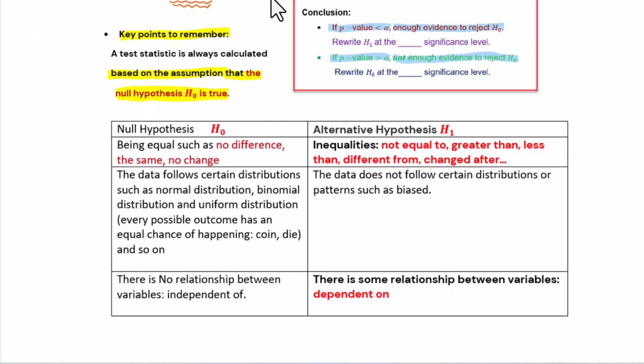Let's talk about H0 and H1. Since all the test statistic and p-value are calculated under the assumption H0 is true, normally H0 is connected with the following words: being equal, such as no difference, the same, no change, or equal to.